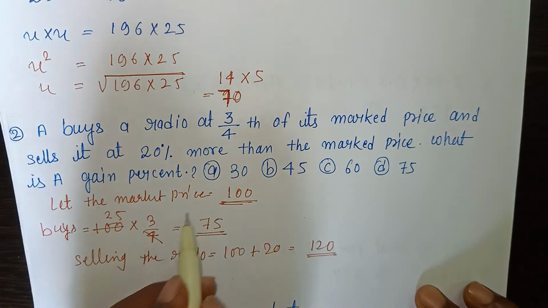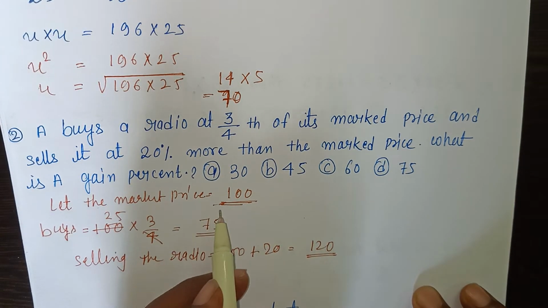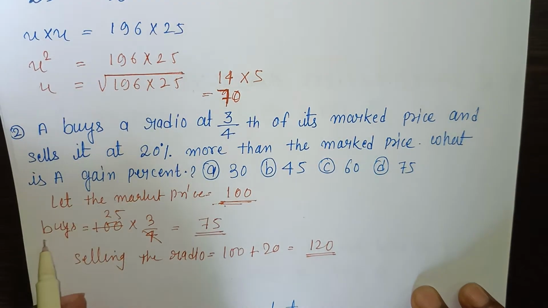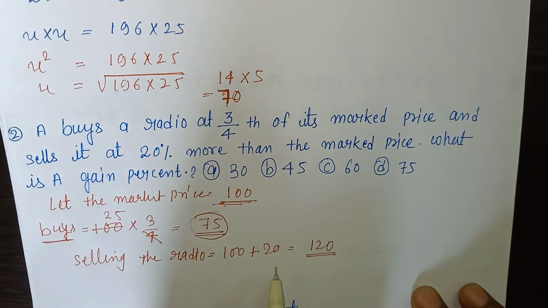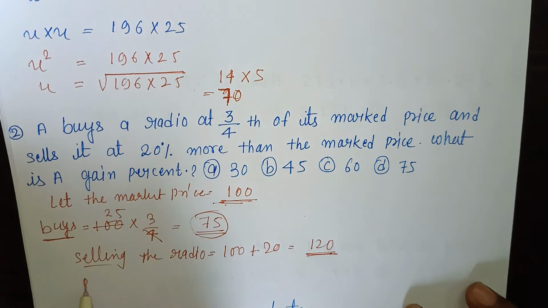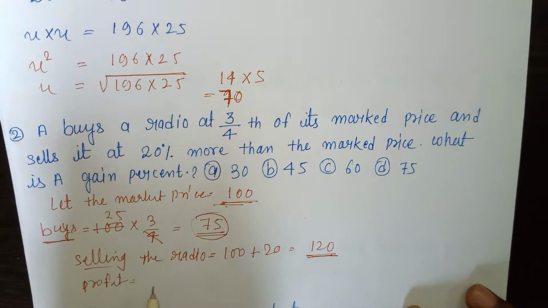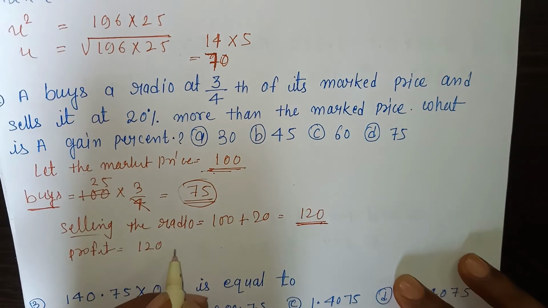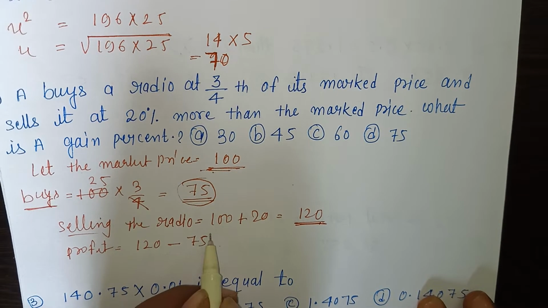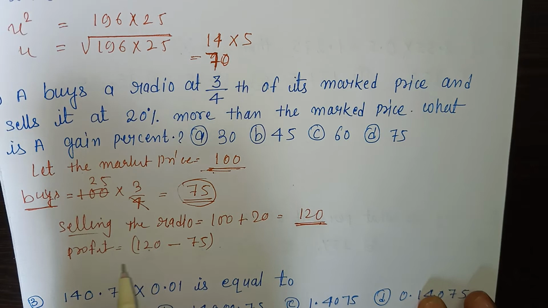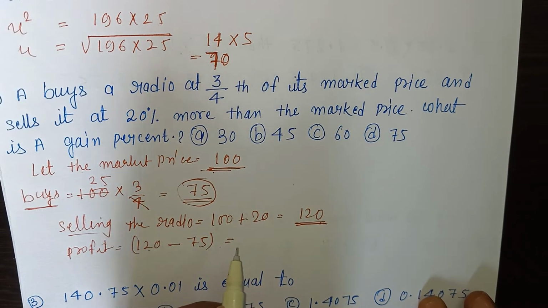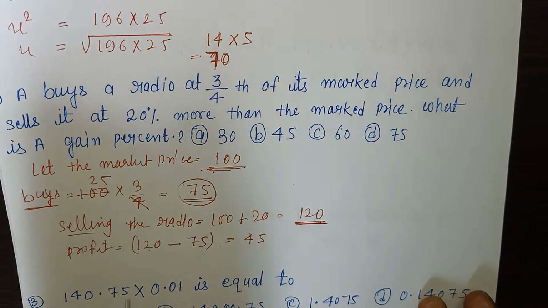Market price is 100, I buy at 75 rupees and selling price is 120 rupees. Then profit is equal to selling price minus cost price, 120 minus 75. If you subtract, here comes 45.